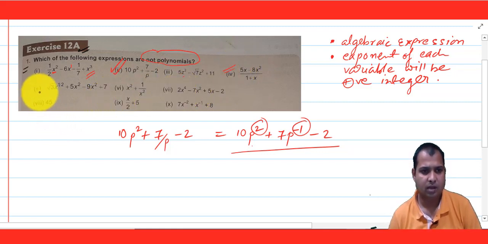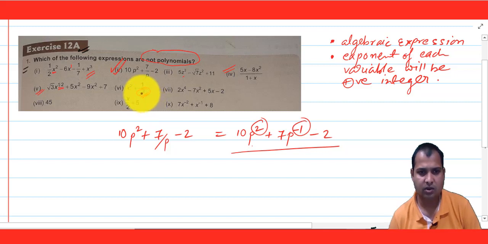Number 5, here you see this variable has a power of half, which is not an integer. Yes, so this is not a polynomial. So this is also your answer. Here you see x square plus 1 upon x square. This variable is in the denominator.